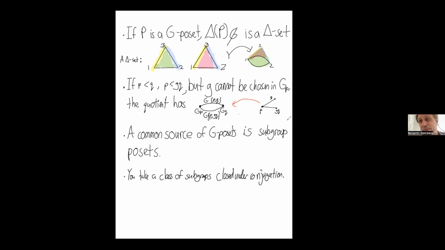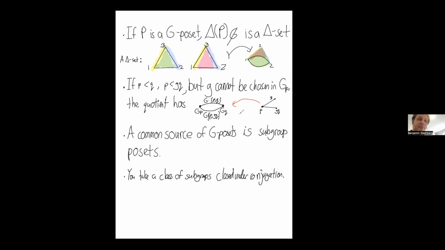Imagine that you have some P which is less than Q. And imagine that P is also less than G times Q. But imagine that you cannot choose this G to be in the stabilizer of P. Then these two edges are not in the same orbit. The orbits of PQ and PGQ are different. And so I'll get multiple edges.